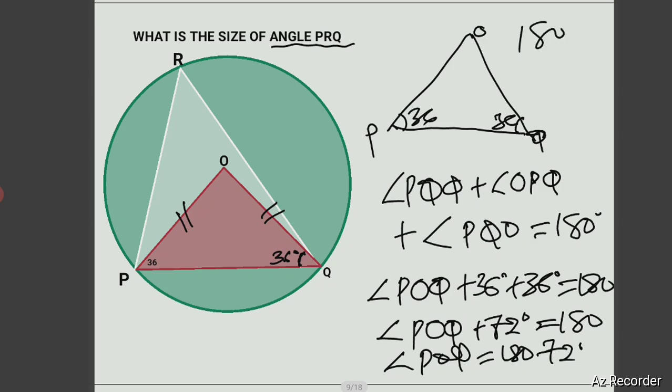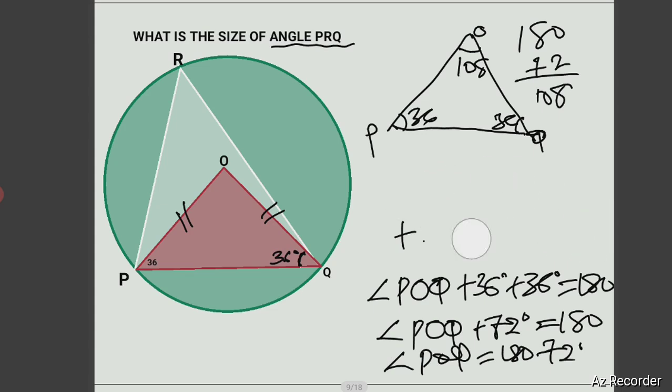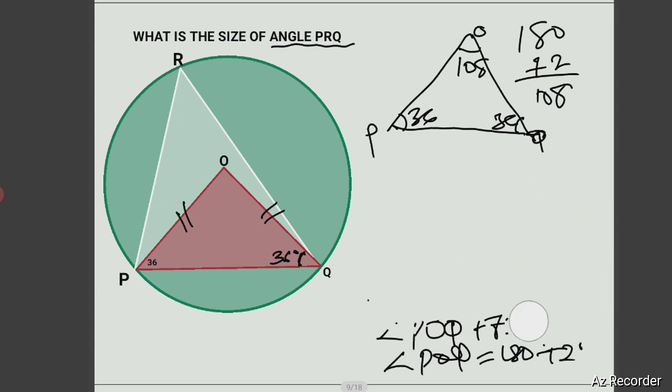Let's try to do the calculation. We need to do the practical maths, we don't need to rush in solving this. 180 minus 72 gives 108. So the angle there is 108.